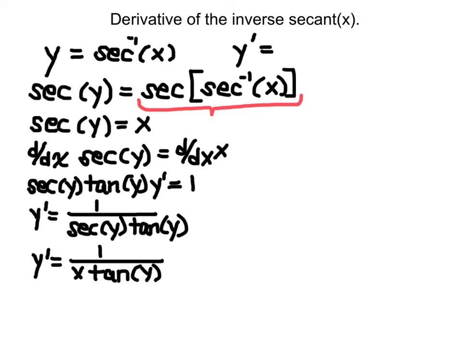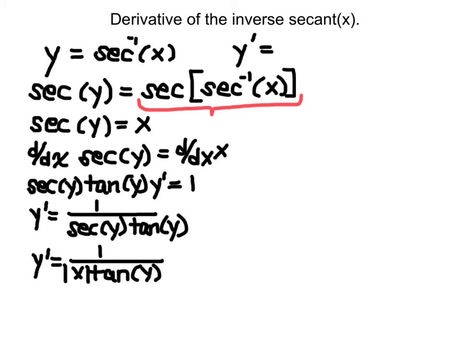Now we have a restriction on x, which is going to make this the absolute value of x, because x, which represents the input to the arcsecant, is the trigonometric ratio of 1 over the cosine, and that is going to be restricted to being positive for the inverse secant.